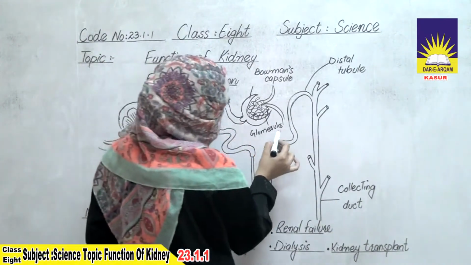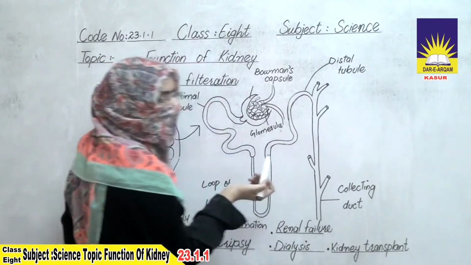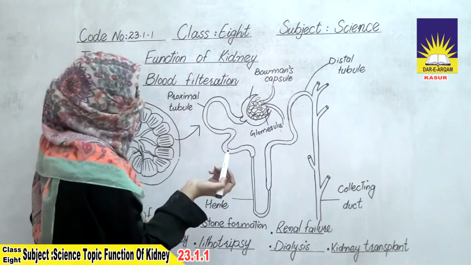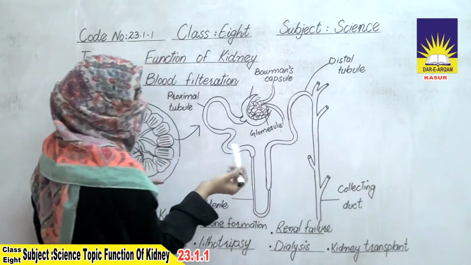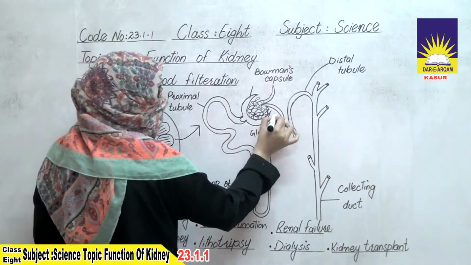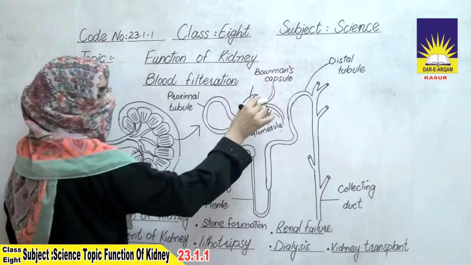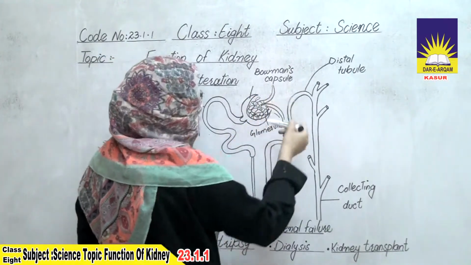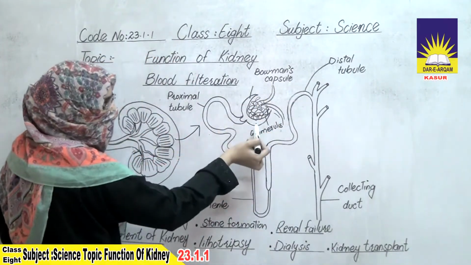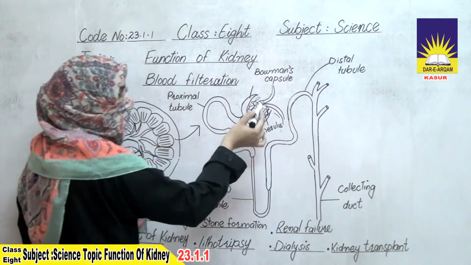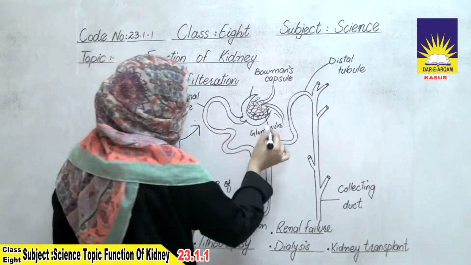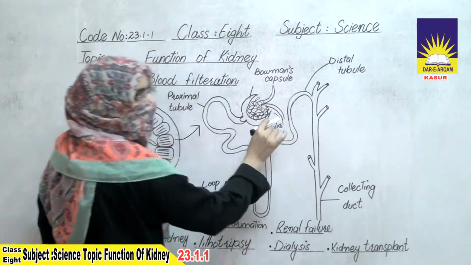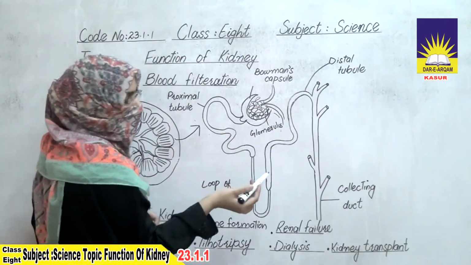And all the useful material, for example glucose and water, which are useful for us, come again into these veins. Blood comes in these capillaries and is filtered in glomerulus, and then all the wasteful material comes into the proximal tube and all the useful material comes into veins, and these materials are again absorbed into blood.